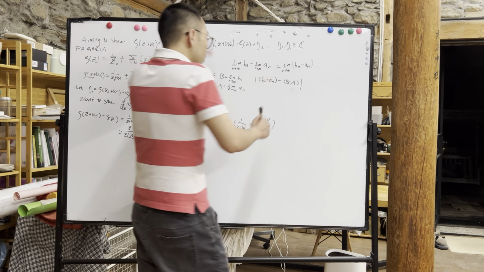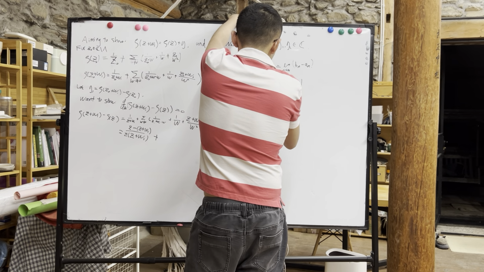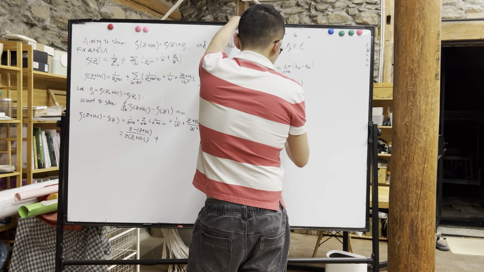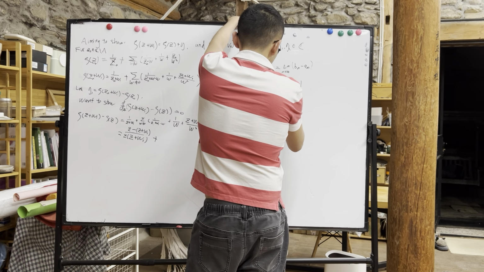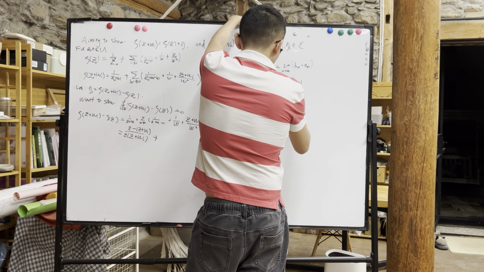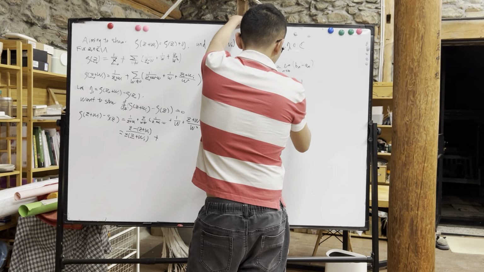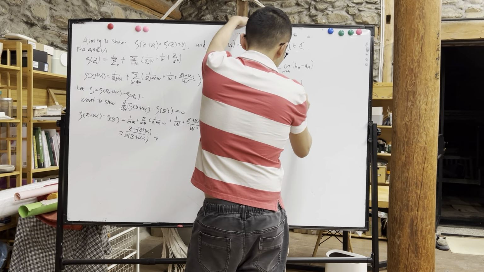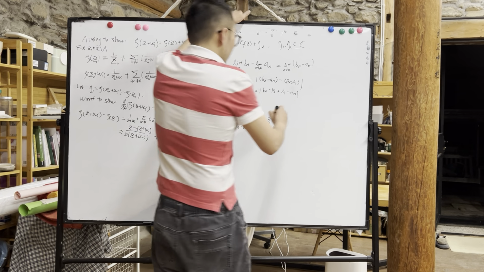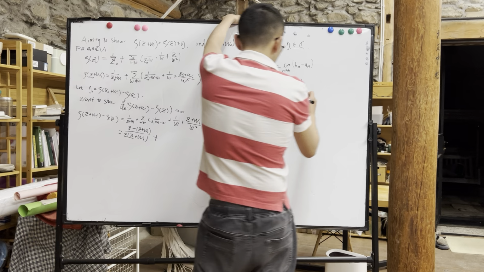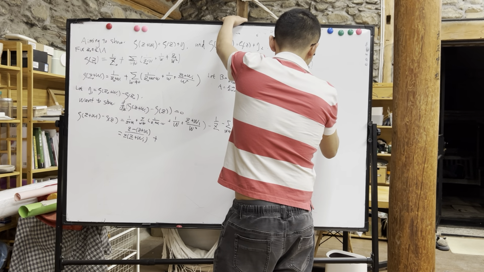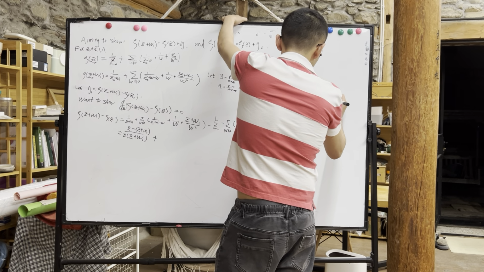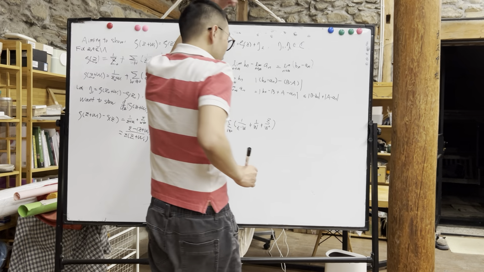So what I can do is write this as bn minus b, and then plus a minus an. This is less than or equal to the modulus of b minus bn plus the modulus of a minus an, by the triangle inequality.